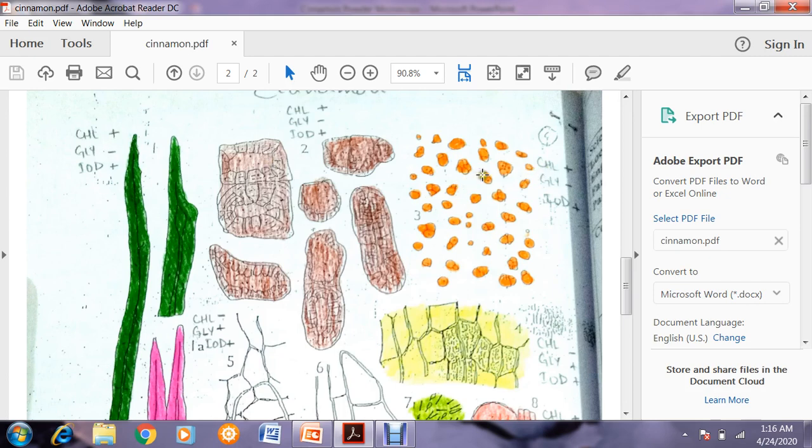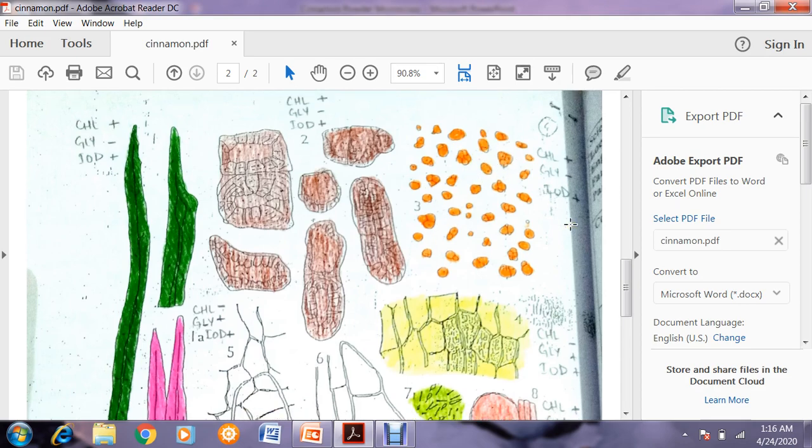What is number 3? Number 3, you can see, is very small circular entities. Some are single, while some are present in the form of groups. Here you can see a group of 3, and groups of more than 3 granules.